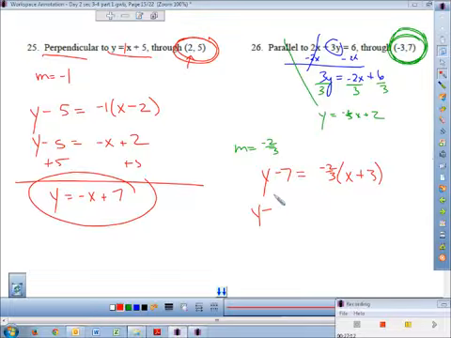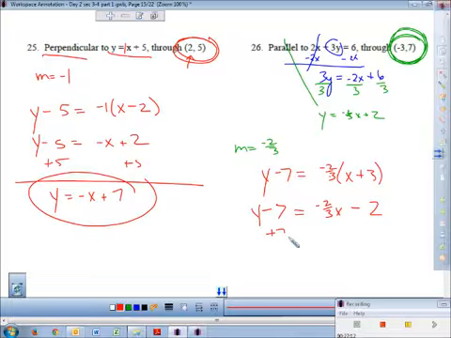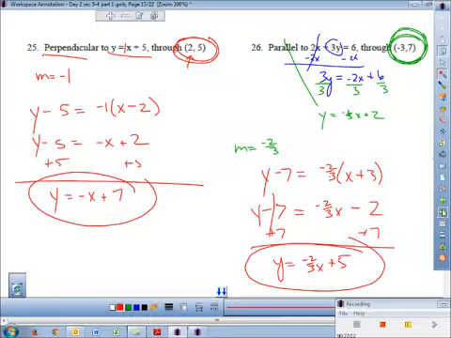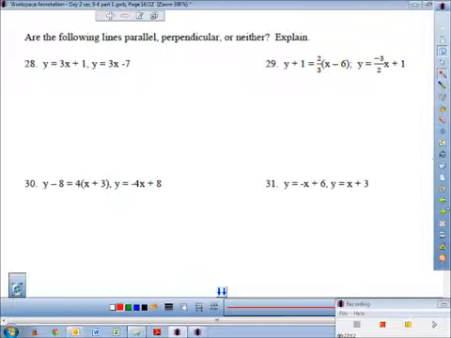Oops, getting a little sloppy. And then 3 goes into 3 one time. Take that times numerator and you get a 2, and the sign was supposed to be negative. Add 7. And there we go.